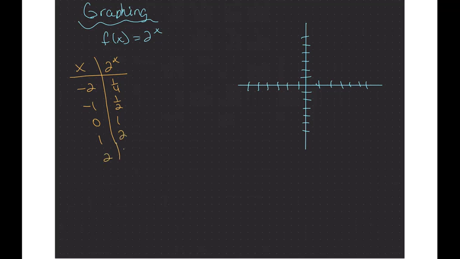If I plug in 2, I'm going to get 4, right? Then I can go ahead and plot these little points. -2 was a quarter, -1 was a half, 0 is at 1. That's an important spot. 1, 2, and 2, 4. So when I go to graph this guy, I get a cute little graph that looks something along this line.